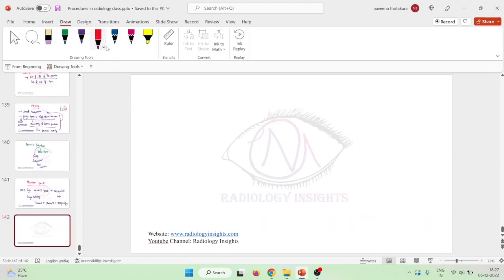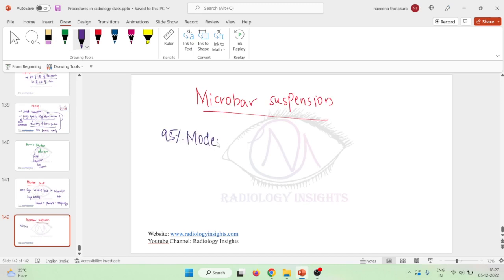Then second, we have Microbar suspension. This is actually a suspension, 95%, with moderate density and moderate viscosity.